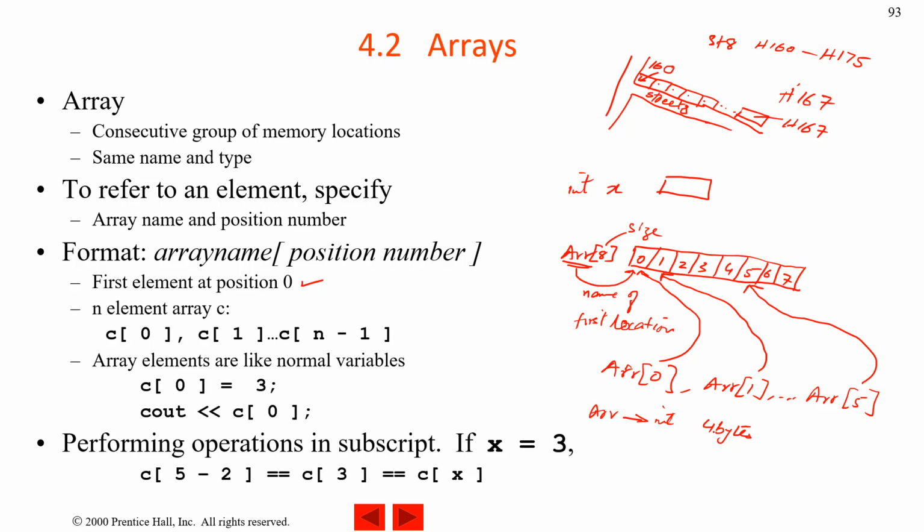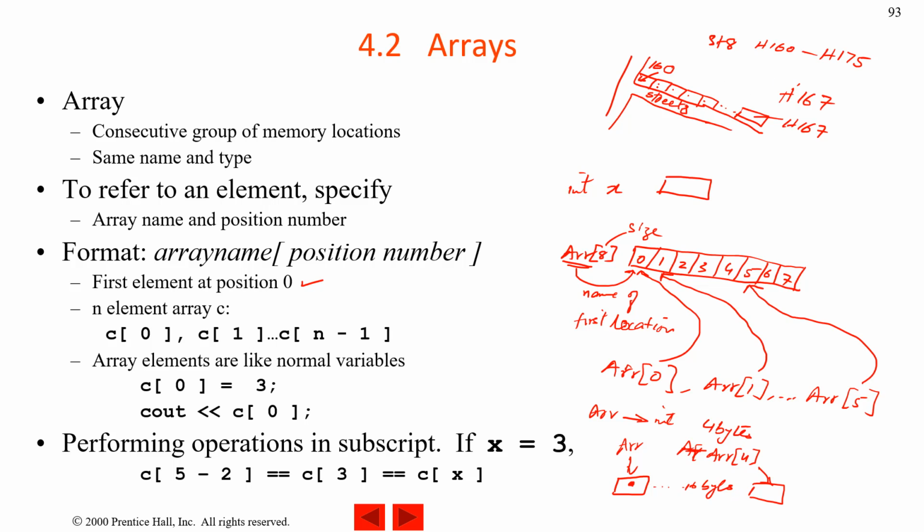So if this is where array points to, what is array of 4? If this is the starting location where array starts, it means this plus 4 into 4 bytes. I will skip 16 bytes and this location will be here.